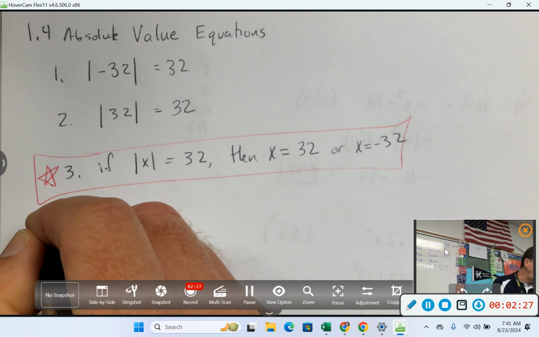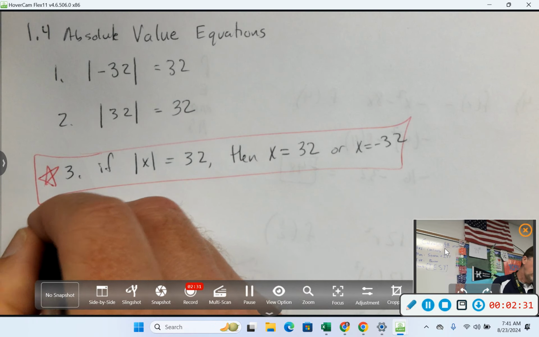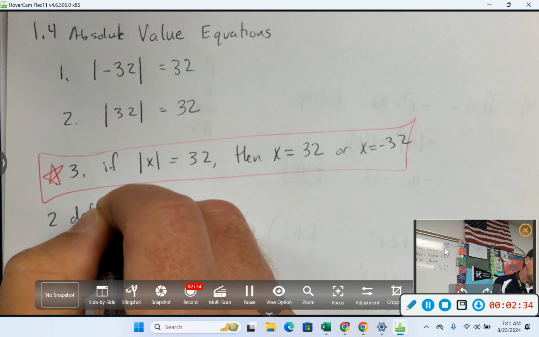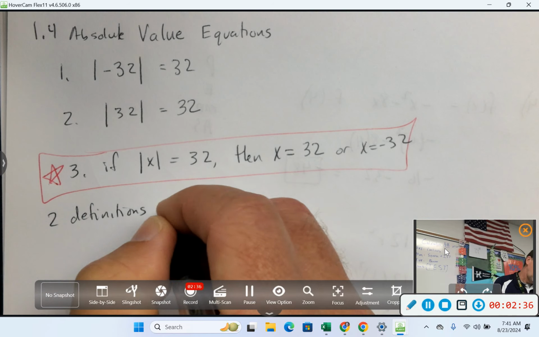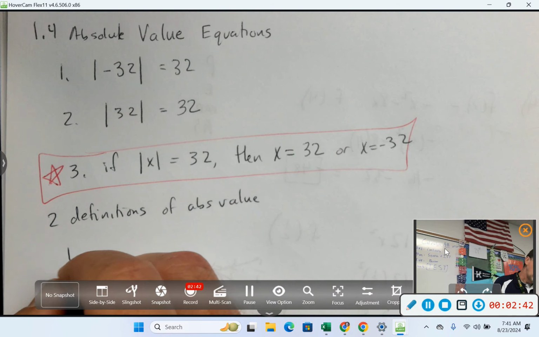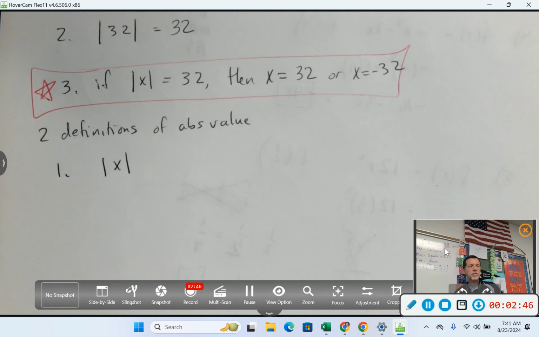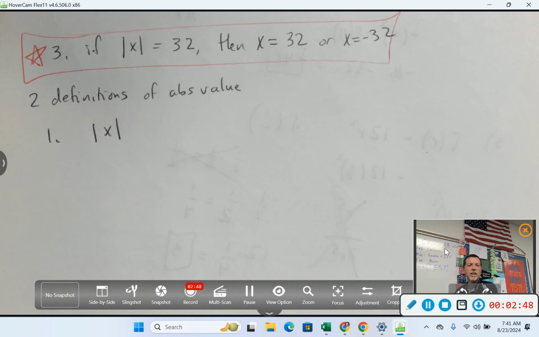There are 2 definitions of absolute value. One of them is exactly what Ethan said, and that was correct: the distance from 0 to the number.